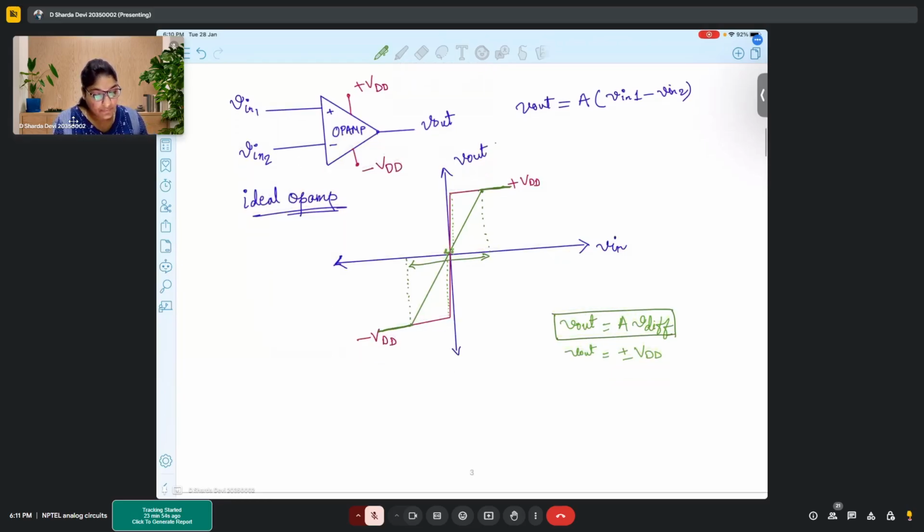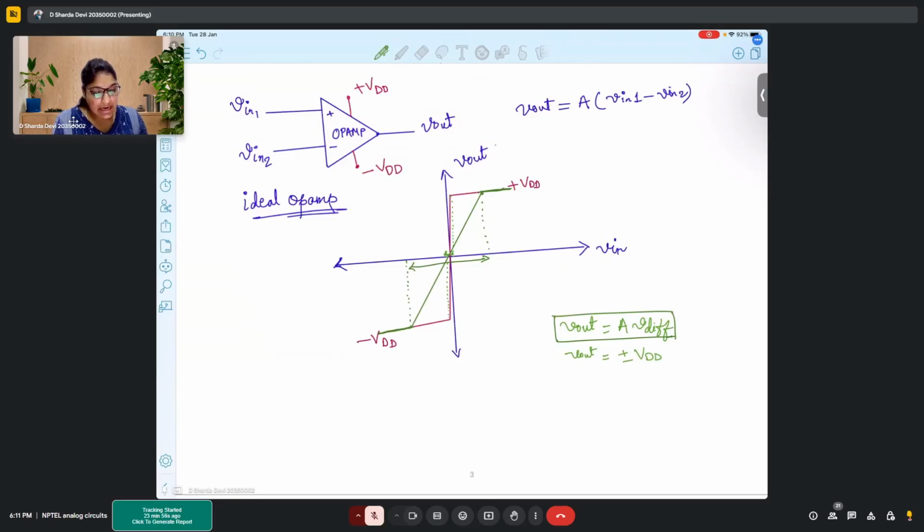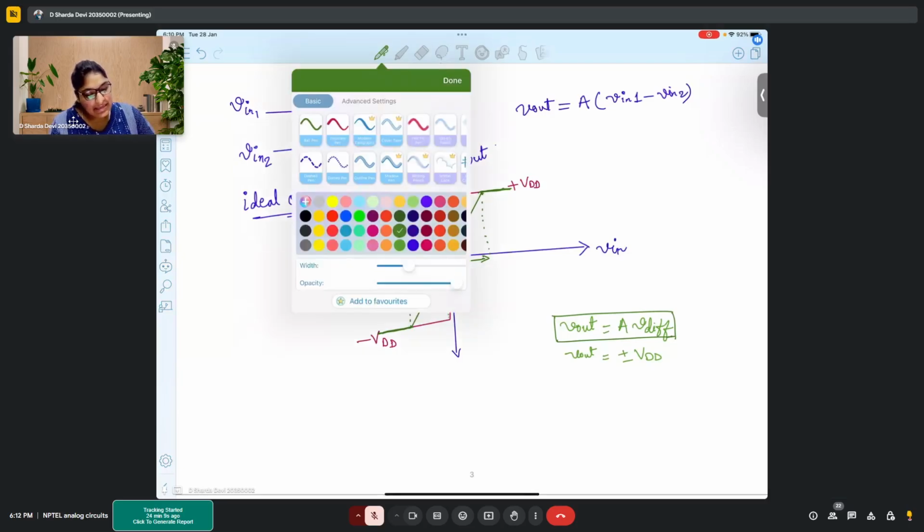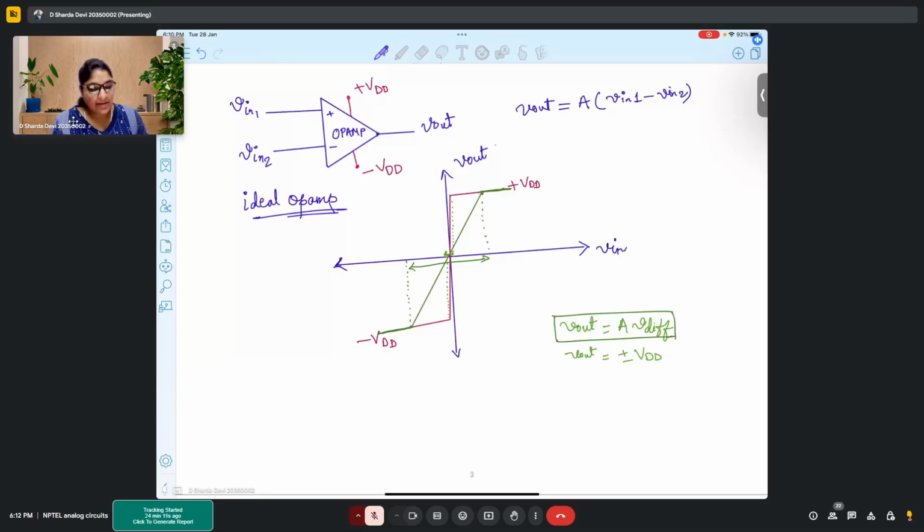So the question arises, how do we increase the linear range of our amplifier? What we do is we introduce feedback to our system.